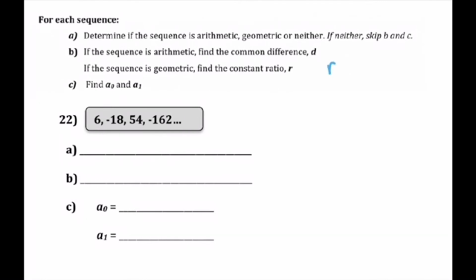Okay, so if we say that r is going to be greater than 0, in this case we would say neither. However, I will accept geometric because it does follow the pattern that you're multiplying by the same thing every time. So we can actually go either way on that. I'll let you know before the test what I decide.